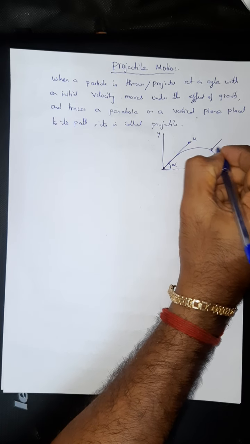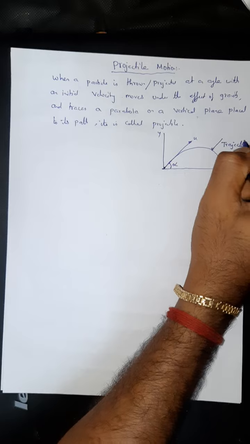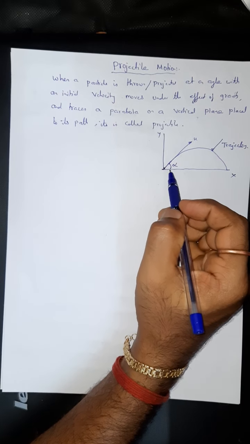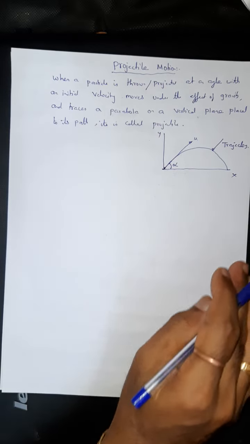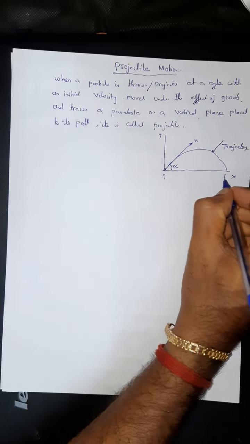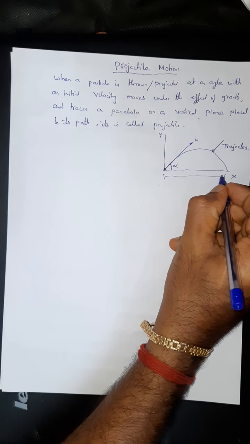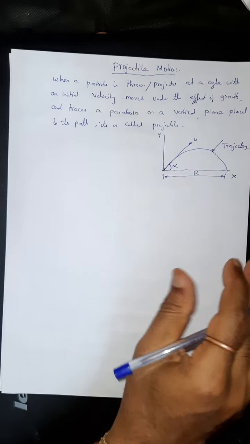This is called the trajectory of the particle, where the particle is called projectile. This path traced by the particle is parabolic. The displacement can be denoted as r.